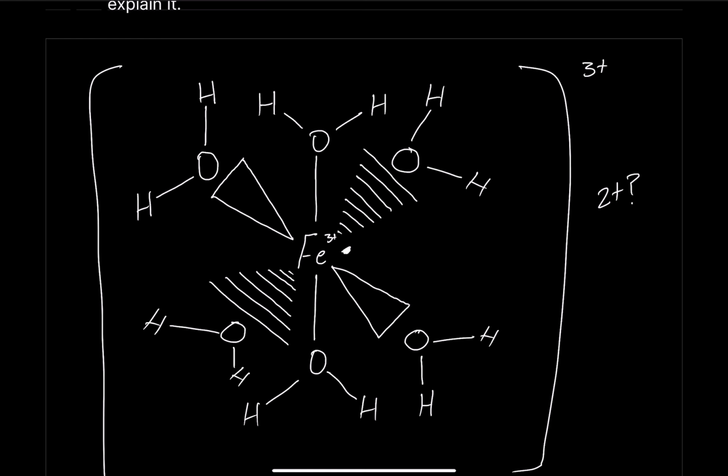Because it's so positive, it is pulling electron density on the oxygen atom of this water ligand even closer. It's donating a lone pair of electrons to form a coordinate bond, so both electrons are coming from the oxygen. But because the iron is so positive, it's pulling them closer to it.